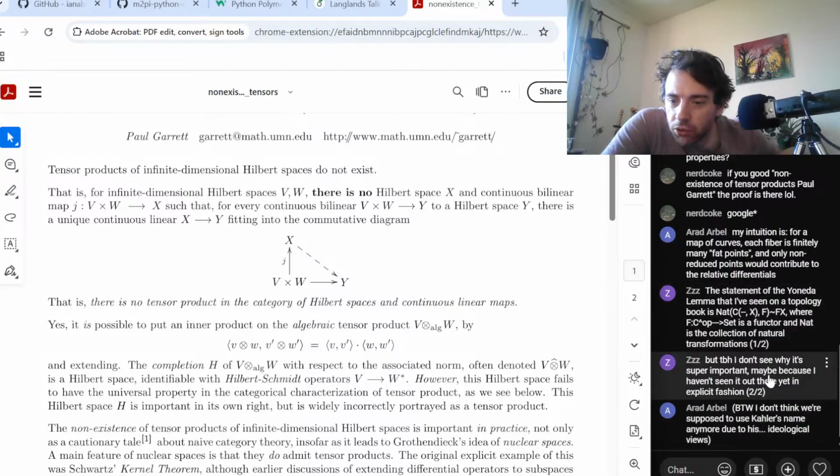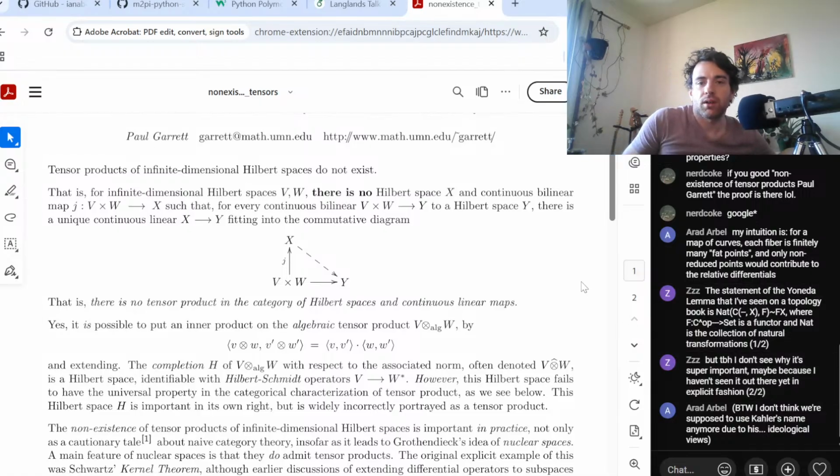We're not supposed to use Collar's name anymore due to his ideological views. Oh, I don't know about his ideological views. Well, okay, there's a very interesting rabbit hole political discussion we could get into of whether we do that or not.